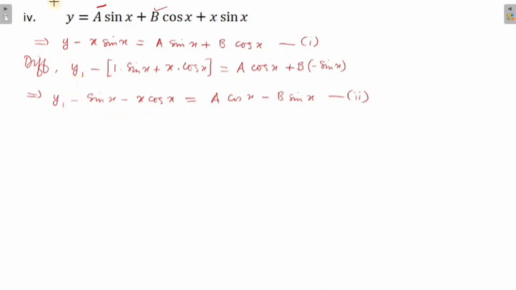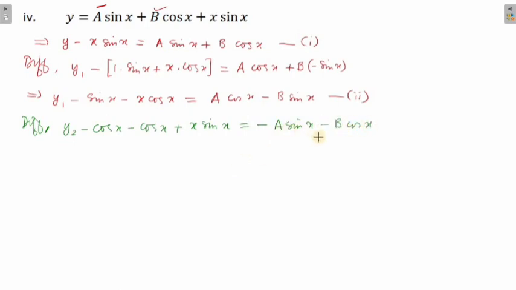Now we'll differentiate it again. So y1 becomes y2 minus, and applying u into v, you get cos x minus, keep x as it is, differentiate cos, it becomes minus sin, so that's why it becomes plus x sin x. It is equal to, see here carefully, minus a sin x minus b cos x.